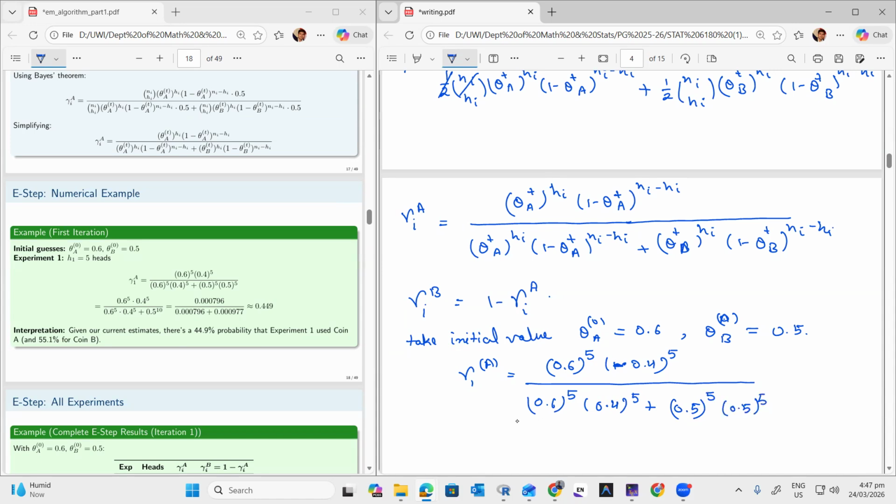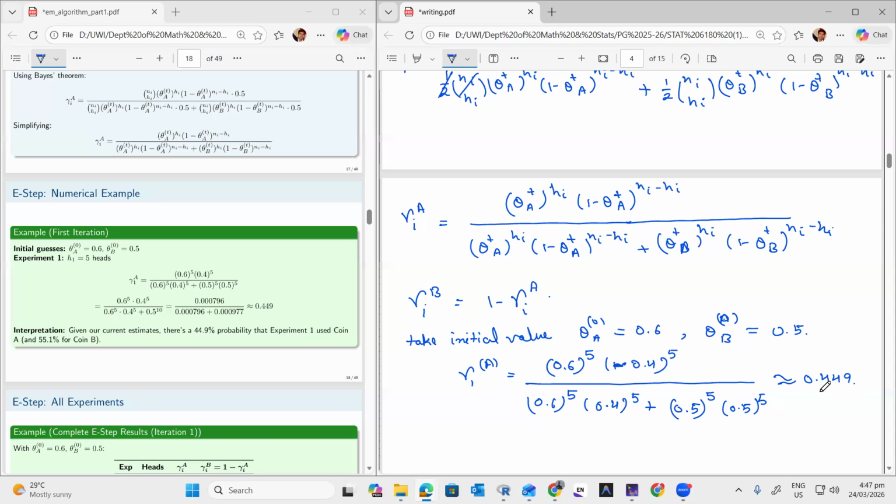When you solve this, it comes approximately 0.449. It means that for the current parameter values, the initial values 0.6 and 0.5, experiment 1 is slightly more likely to come from coin B than coin A, because the probability of coin B is around 0.55 or 0.56.